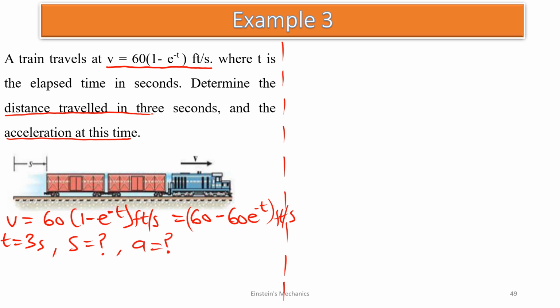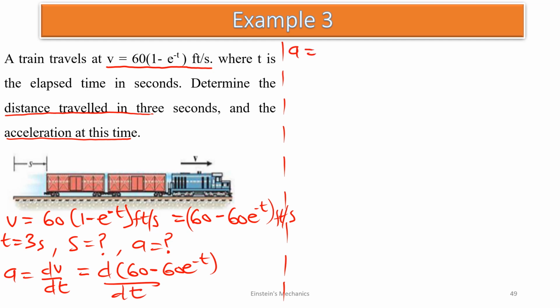The simplest one is to first look for the acceleration, which is the derivative of the velocity. So this is going to be the derivative of the function 60 minus 60 e^(-t) with respect to t. And as I always say, this is calculus.